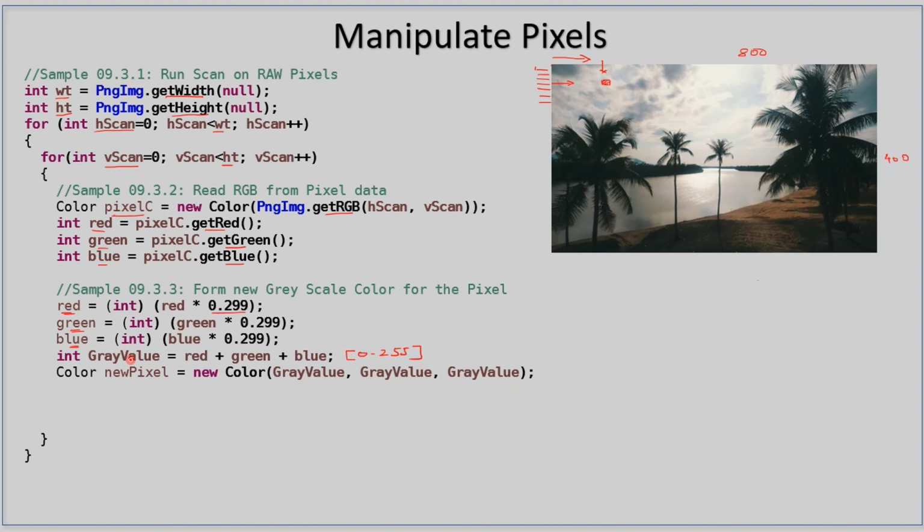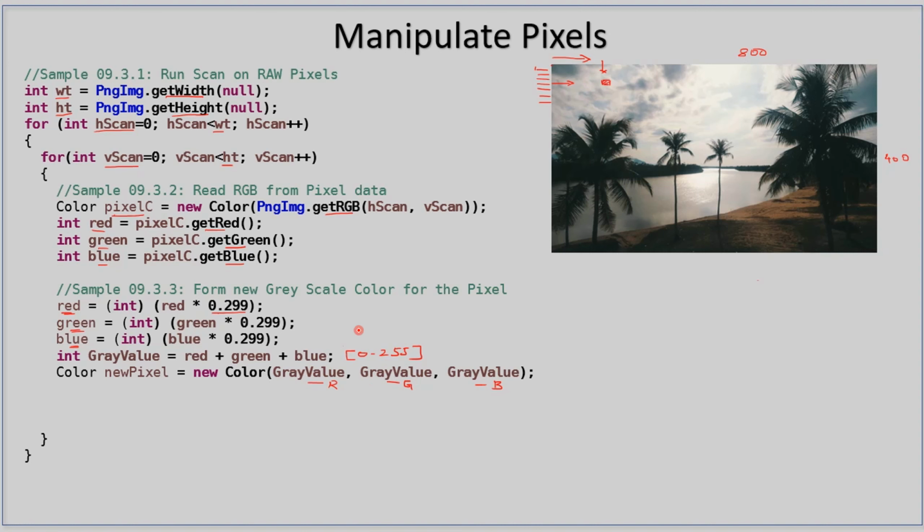Once we have the gray value here, we form a new color, and if you see, we are passing the same value for the red, green, blue components. Red, green, blue, all components are holding the same value.